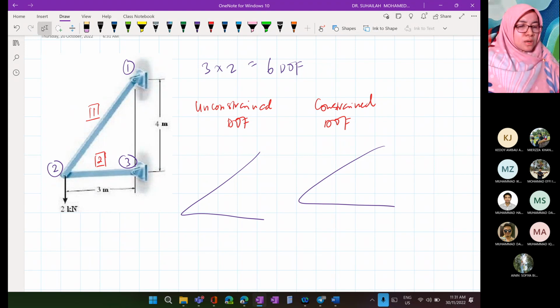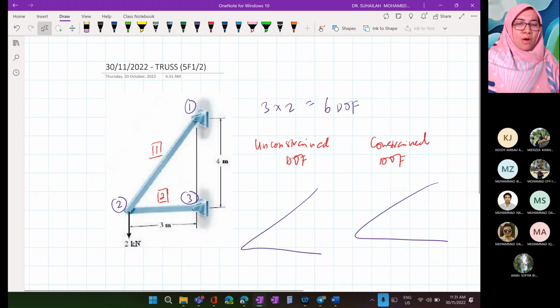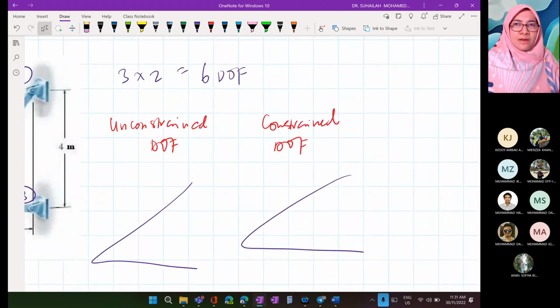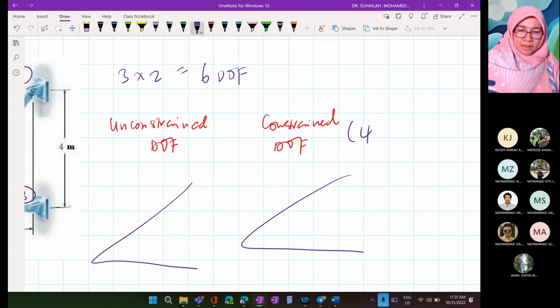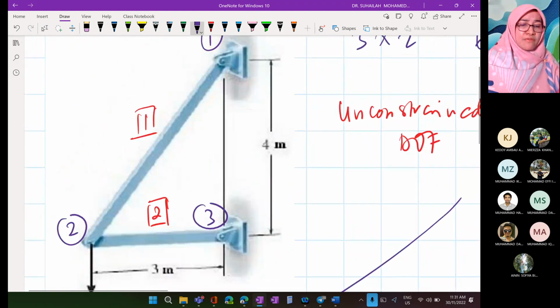By looking at the diagram, we know that there are four unknown reactions, and four unknown reactions mean 4 DOF in the constrained system. We identify the unknown reactions from the support.